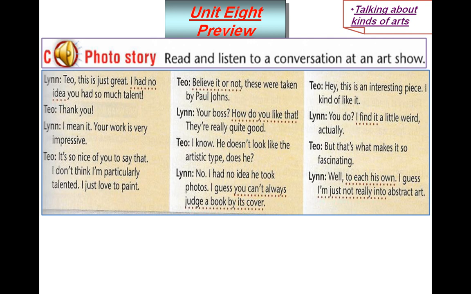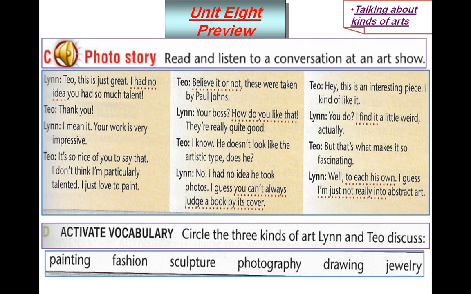Okay, guys. Well, you've listened to the conversation between Lynn and Teo. They are discussing some kinds of arts that we studied on the previous page. So the question here: circle the three kinds of art Lynn and Teo discuss. What are the three kinds of art that they discussed in this conversation, in your opinion?